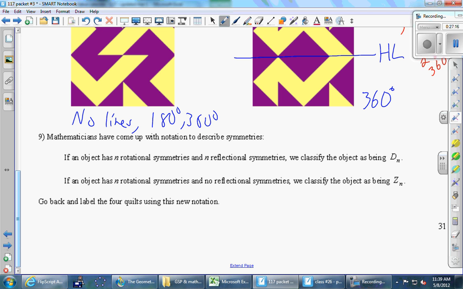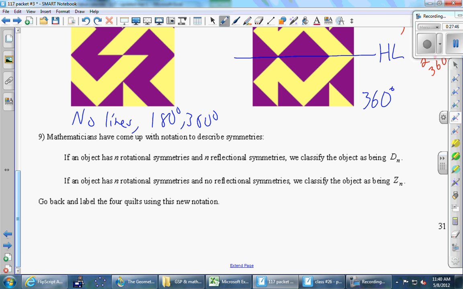We classify the object as D. Okay, if it's got both lines and angles, we're going to call it D. I don't know why it's D. Well, I kind of do know why it's D, but don't worry about why it's D. It is D if it has lines and angles of symmetry. Keep going, Justin. If an object has n rotation, no reflection, we classify the object as Z. Okay, so if it has no lines of symmetry, it is a Z. If it's got lines, it's a D.